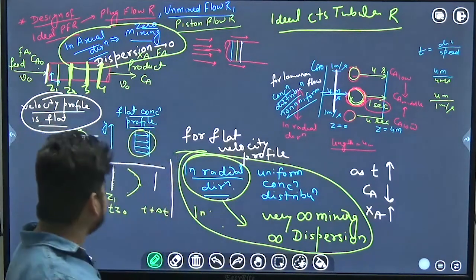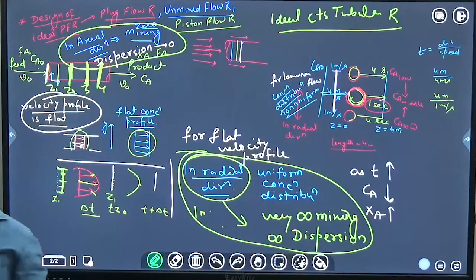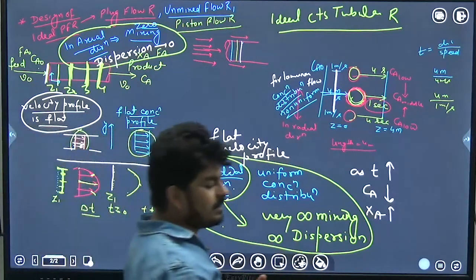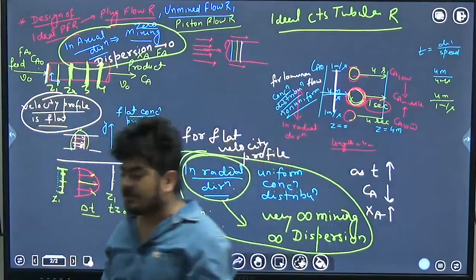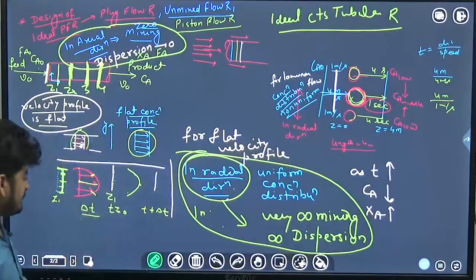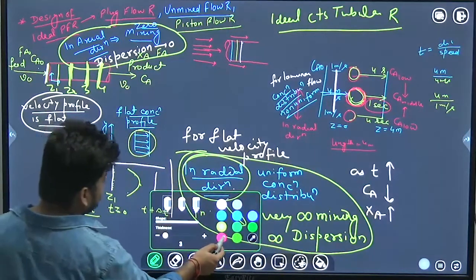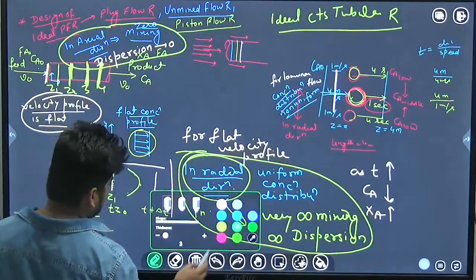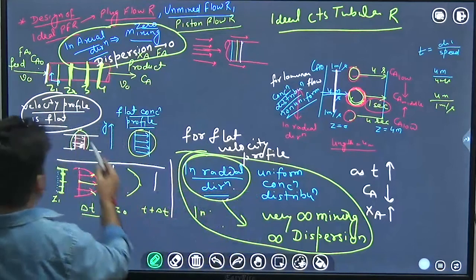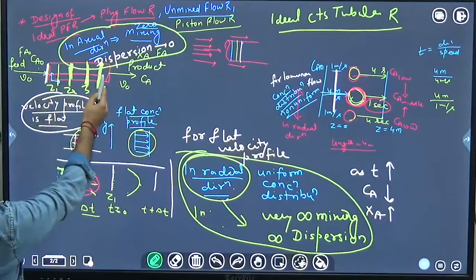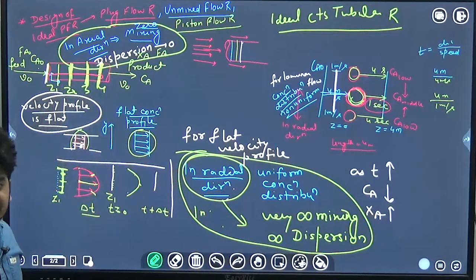So guys, this is something about the PFR. Next we will talk about the design equation of PFR. And one more thing should be clear to all of you: along the length, concentration is changing.